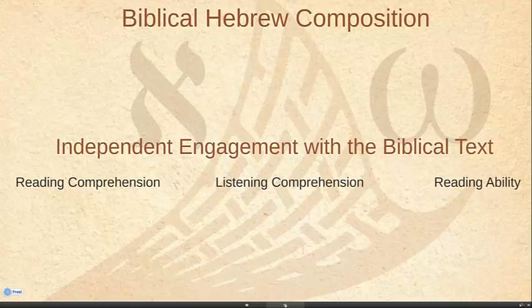So how does making you compose forms and phrases in Hebrew help you with these three areas? Because we believe that it is integral to your success in learning the biblical languages.